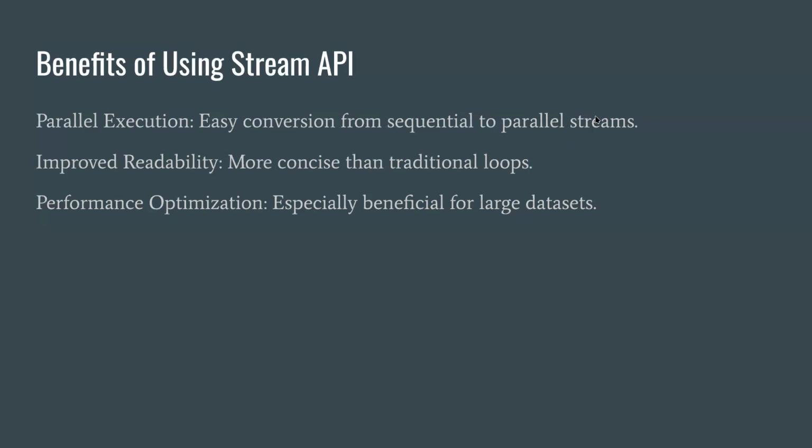When you change from stream to parallelStream, this leverages multi-core processors effectively. Additionally, streams lead to more readable and maintainable code, and they also potentially optimize performance, especially when dealing with large data sets.